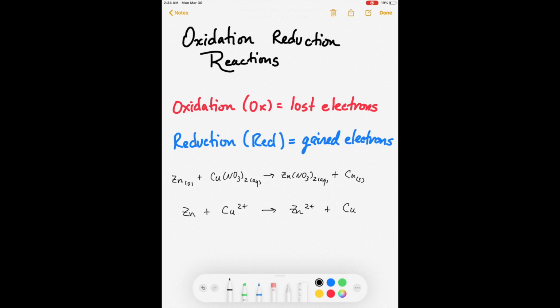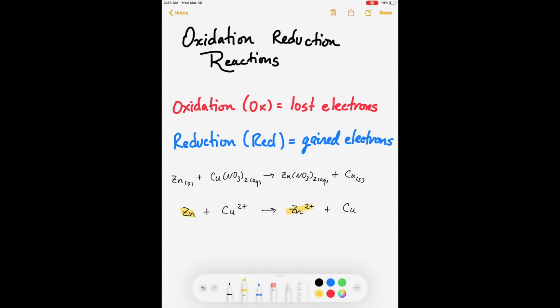Okay. So here's the big thing I want y'all to focus in on. Let's start by looking at the zinc for just a minute. Notice that the zinc here, and I'll go with green, went from neutral to a +2.